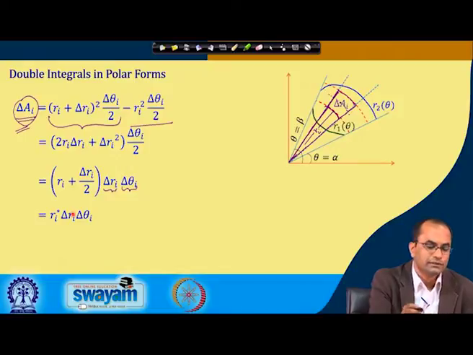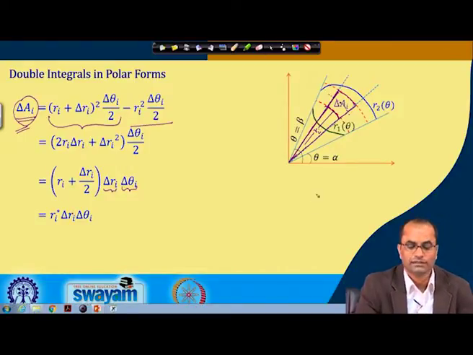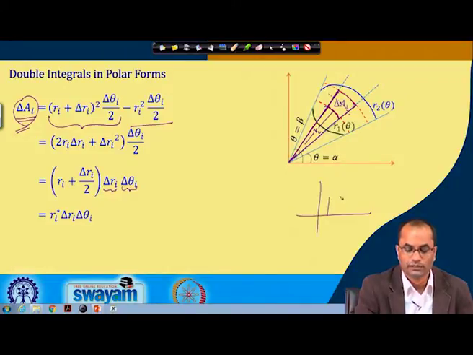So, this is a little different than what we have in the Cartesian case. When we have done the same thing for the Cartesian one, we were getting the increment in this direction by delta x and in this direction by delta y, and then this area becomes just delta x times delta y.